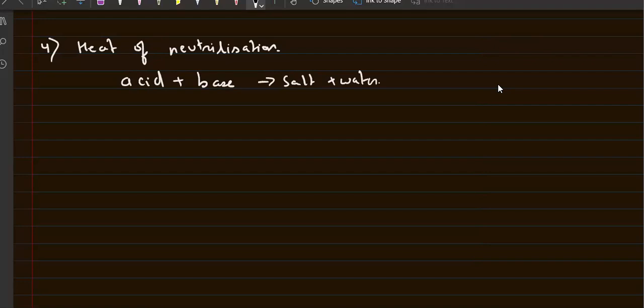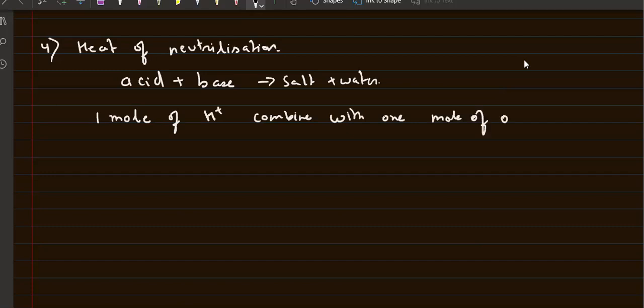No? But the actual heat of neutralization would be the energy change when 1 mole of H plus combines with 1 mole of OH minus to form H2O.